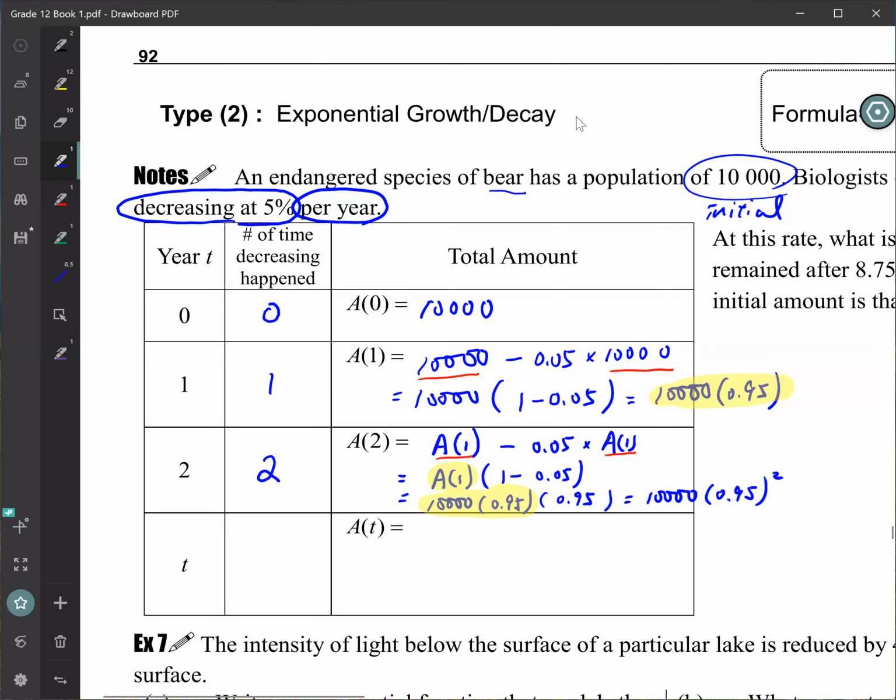Okay, so as you can see here now, if it's 1 year, you will need to multiply by 0.95 to the 1. 2 years, it will be squared. So that's why it belongs to exponential functions. We use the exponent to find what happens to the number of bears at different years.